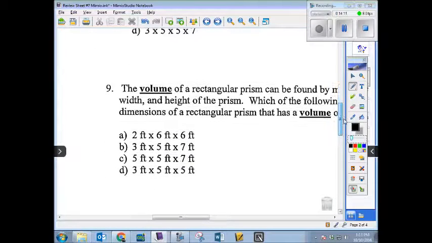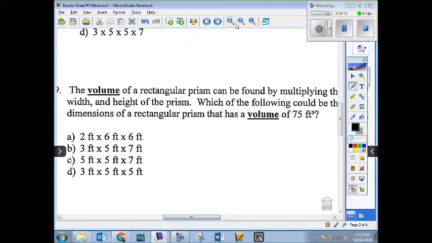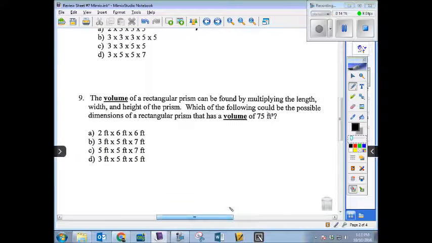Okay. This one, volume. We haven't done a lot with volume. I think you're doing it or going to do it in science class. I'm just going to go ahead and tell you that the formula your science teachers are going to teach you is length times width times height. Now I do a formula that's slightly different than that, and I have my reasons.